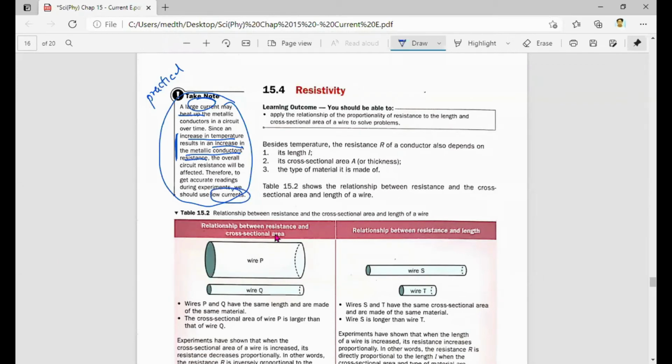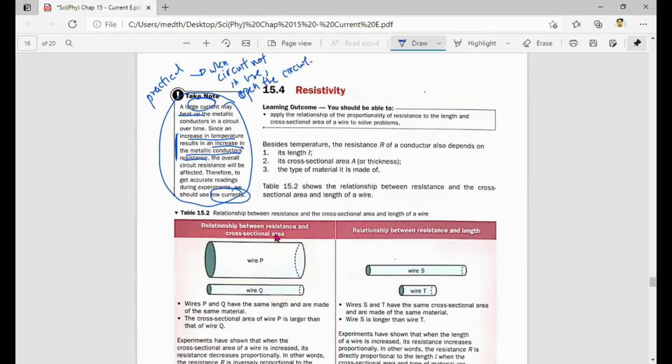If you keep letting the current flow in the circuit, it will heat up, causing the temperature to increase, resulting in an increase in resistance, and hence your overall result may be affected. So a practical tip: when the circuit is not in use, open the circuit by controlling the switch.